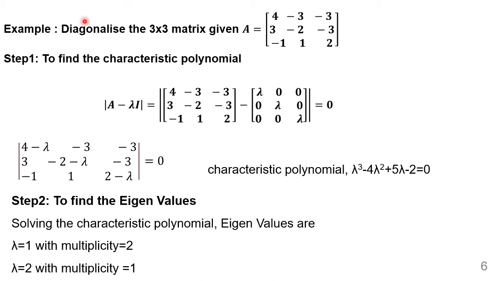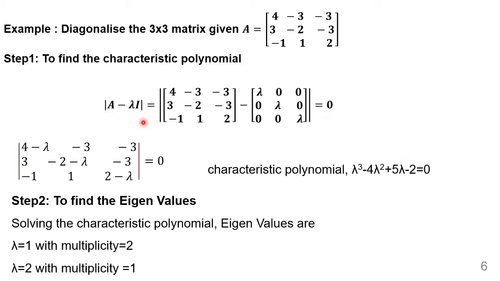We try to understand the principle of diagonalization of a matrix with an example. I have taken an example of a 3 cross 3 matrix. Let me call it A, with the elements 4, minus 3, minus 2 in the first row, 3, minus 2, minus 2 in the second row, minus 1, 1, 2 in the third. Step number 1, we need to find the characteristic polynomial. We know that the characteristic polynomial can be found by taking the determinant of A minus lambda I and equating it to 0.